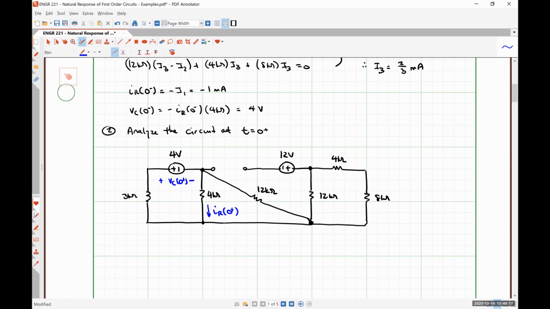So how might I go about doing that? Can we do nodal? We could do nodal or mesh. Because we did mesh, I'm going to change to nodal here just for the sake of variety. Let's say VC at 0 plus was 4 volts. That begs the question of where we should put our ground.